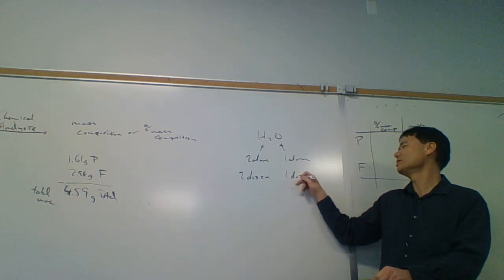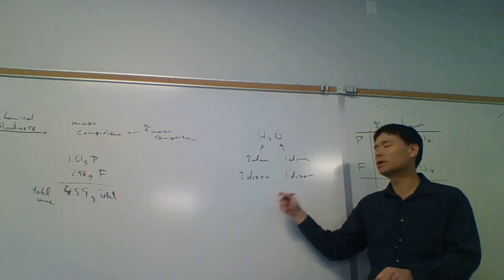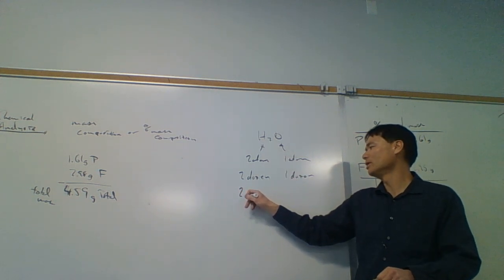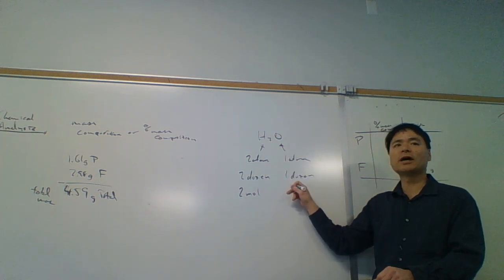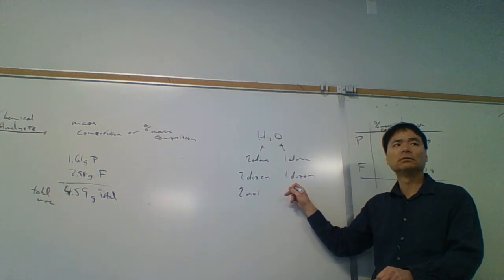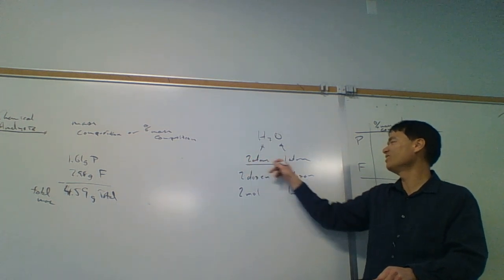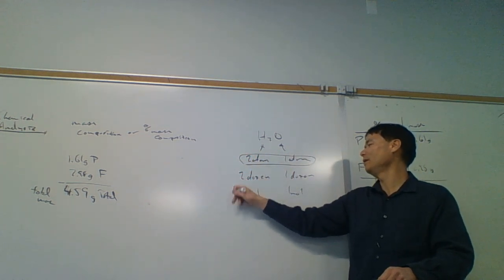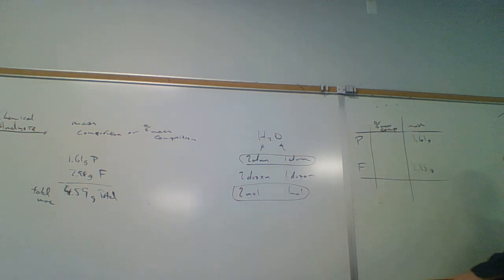I'd have 1 dozen oxygens. So it could be an atom ratio, a dozen ratio, or a mole ratio. If I have 2 moles of hydrogen, how many moles of oxygen would I have? 1 mole. And so typically we call it an atom ratio or a mole ratio. A dozen isn't so useful.